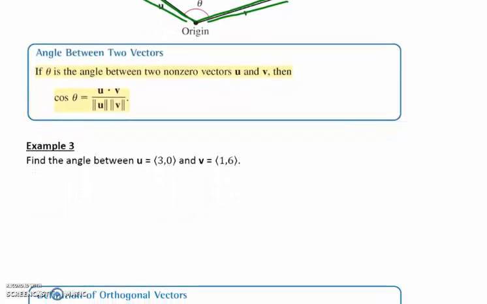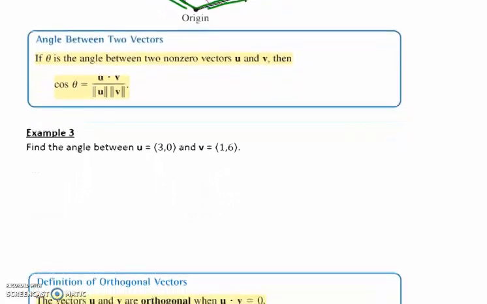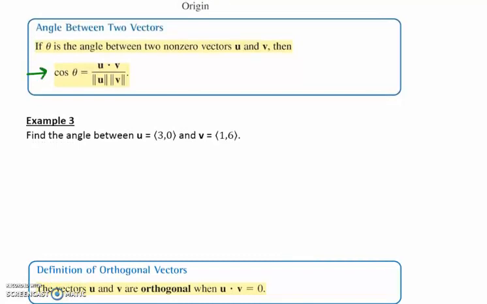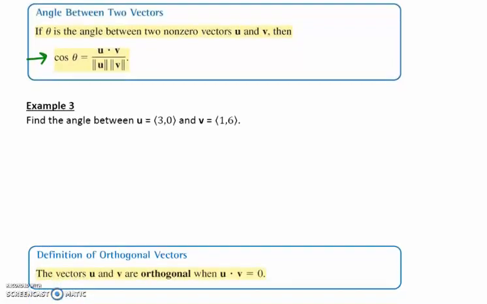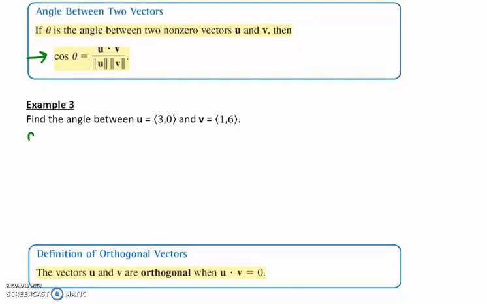So we can find that angle using this formula. If we want to find the angle between these two vectors in example 3, we know that cosine of theta is going to be equal to the dot product, so 3 times 1 plus 0 times 6, over the magnitude of U times the magnitude of V.